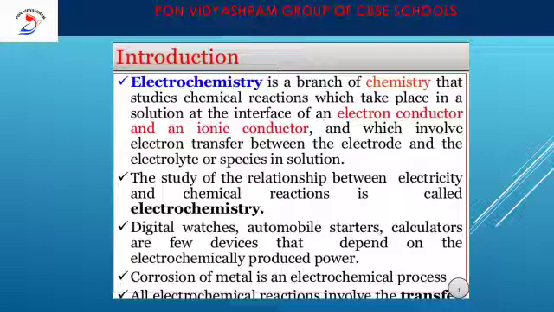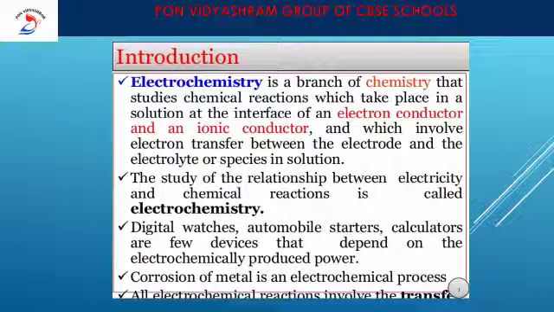The next important point we have to talk about is the electron. Electro plus chemistry. So, we are going to talk about the electron. In the above slide, I have mentioned a few electronic gadgets. All the electronic gadgets work on batteries. We know that.